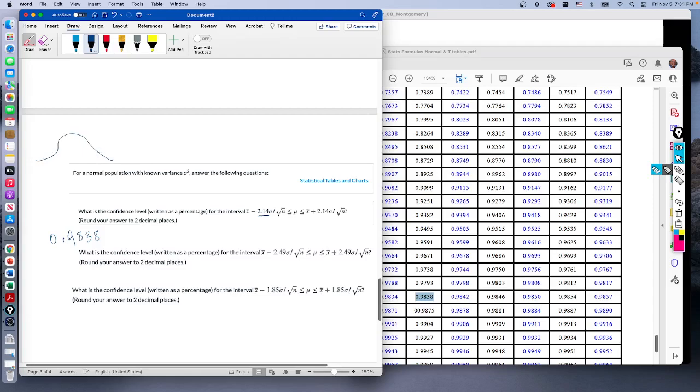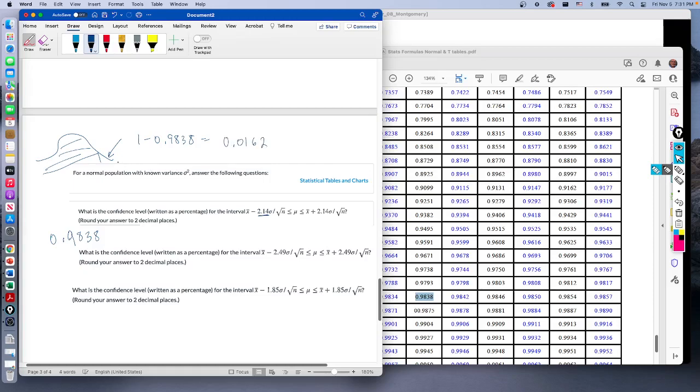Well, again, from this table, that means 98% of the data is below here, right? How much is above? Well, we subtract it from 1. So we're going to take 1 minus 0.9838. That'll tell us how much is in this upper region. 1 minus 0.9838. That's 0.0162.